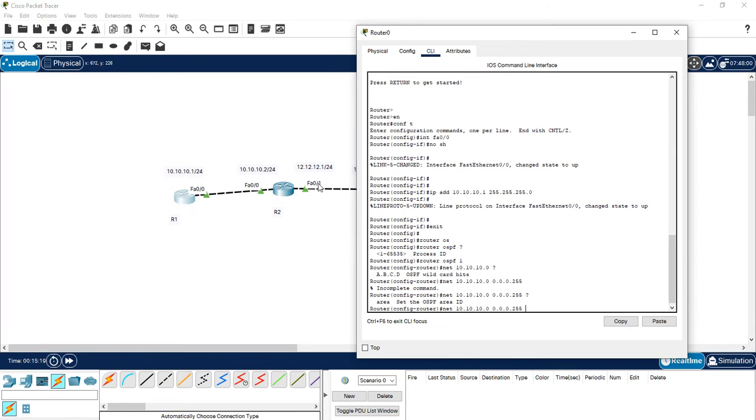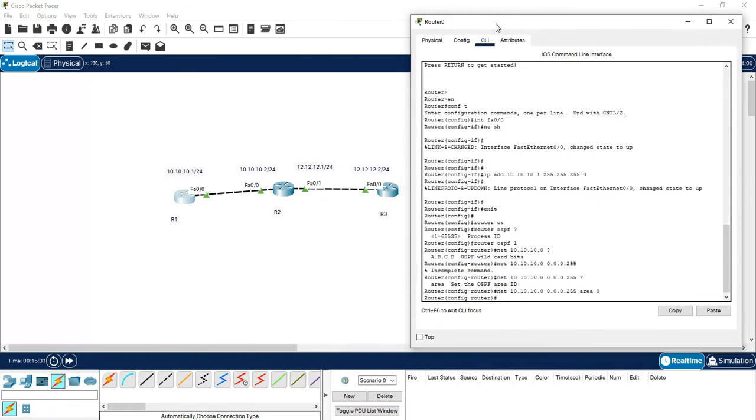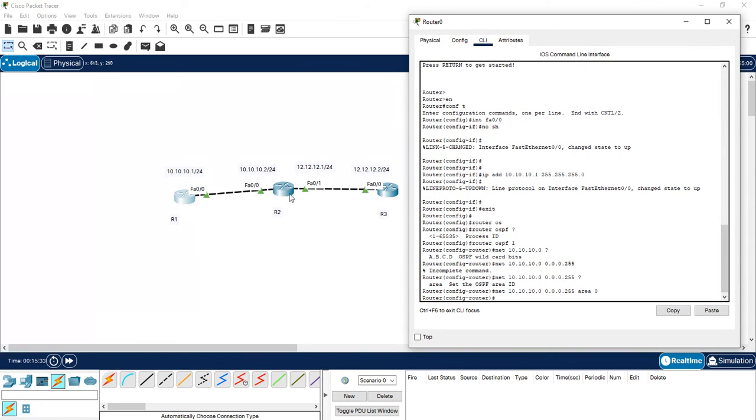So this routing is OSPF area 0. Router 1 is in area 0, then router 2 and router 3 should also get in area 0. They should be in the same area and the same process ID, right?